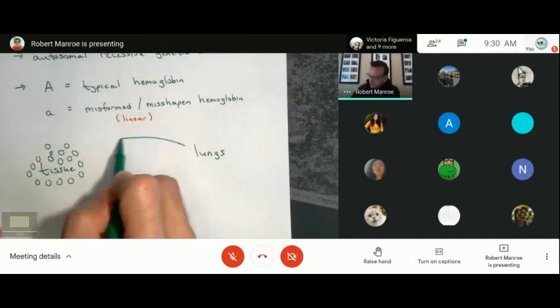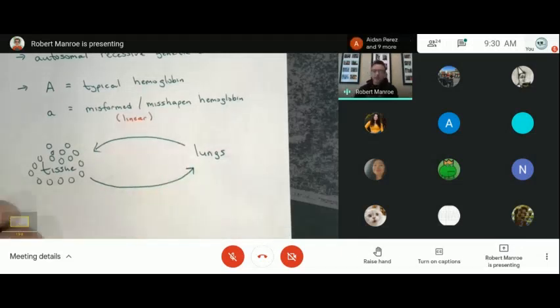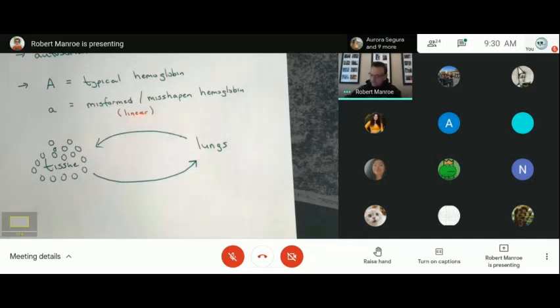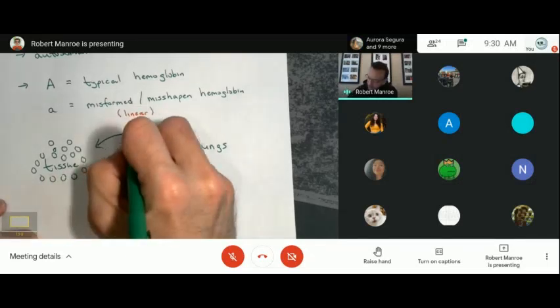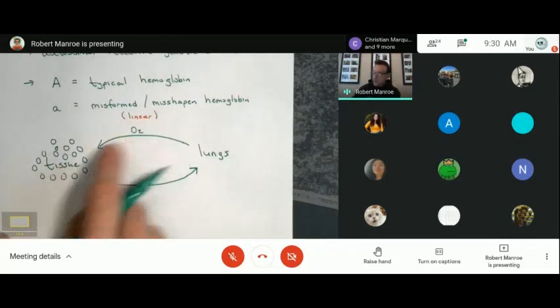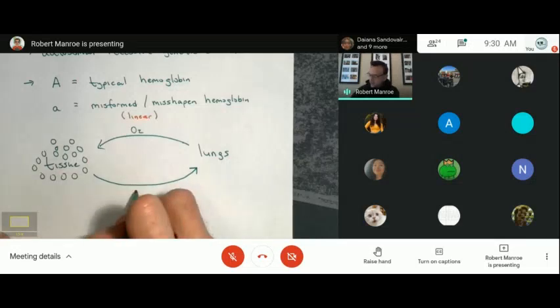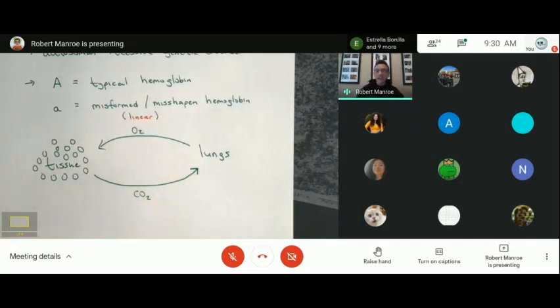The lungs to the tissue back to the lungs. The lungs deliver oxygen to the tissue. The tissue uses the oxygen for cellular respiration. The tissue then releases the waste gas of cellular respiration, which is CO2, and that returns back to the lungs.